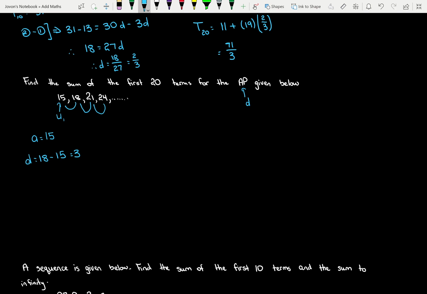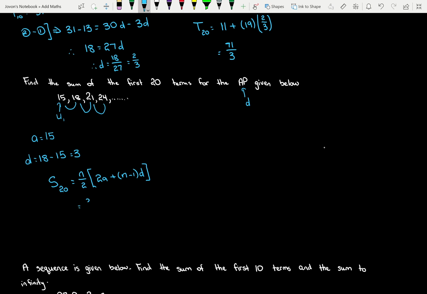Okay, now if we want to find the sum of the first 20 terms, we have an equation for that. S of 20 is equal to n over 2 multiplied by 2a plus n minus 1 multiplied by d.